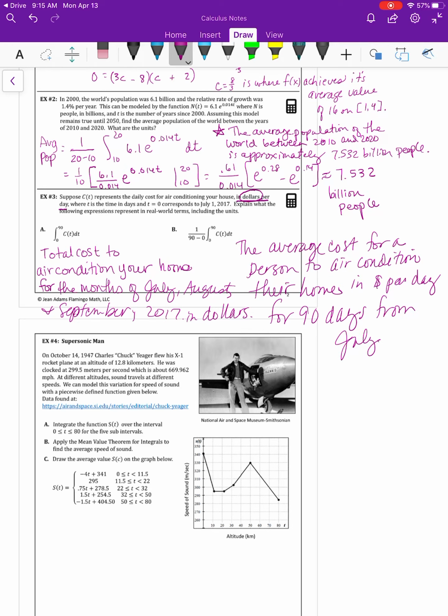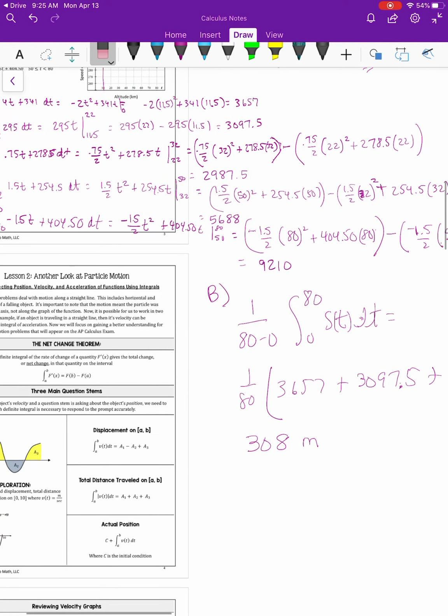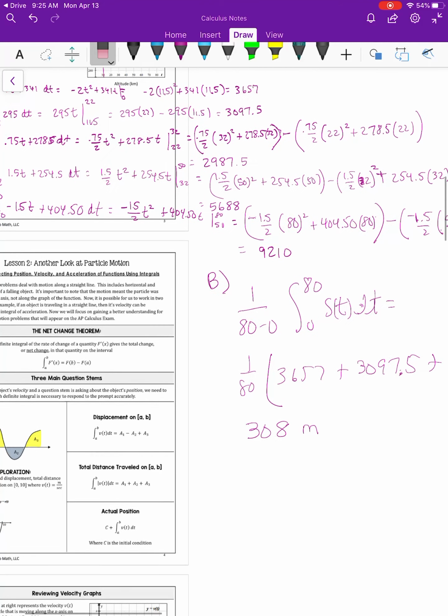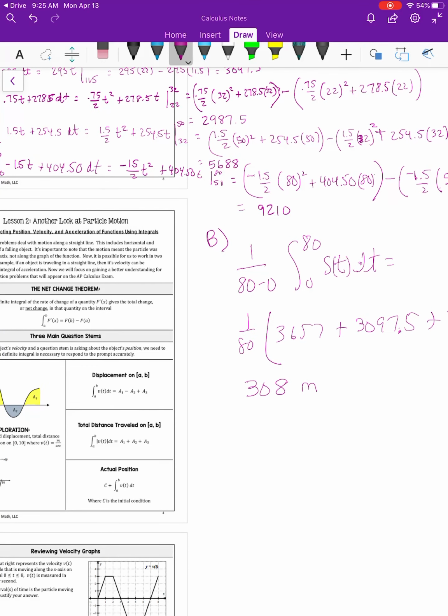And think about what that's going to be, because here they told us that this was meters per second per kilometer.